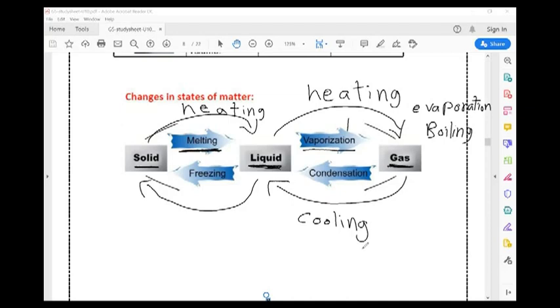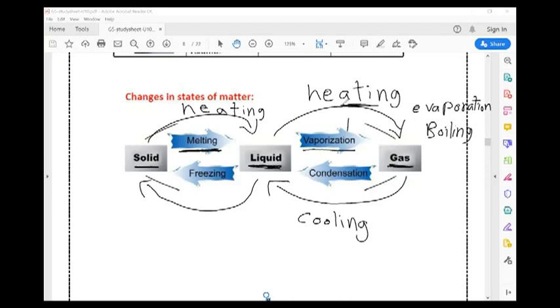If you decrease the temperature of water vapor, for example, it will condense, or change from gaseous state, water vapor, into liquid state, water.